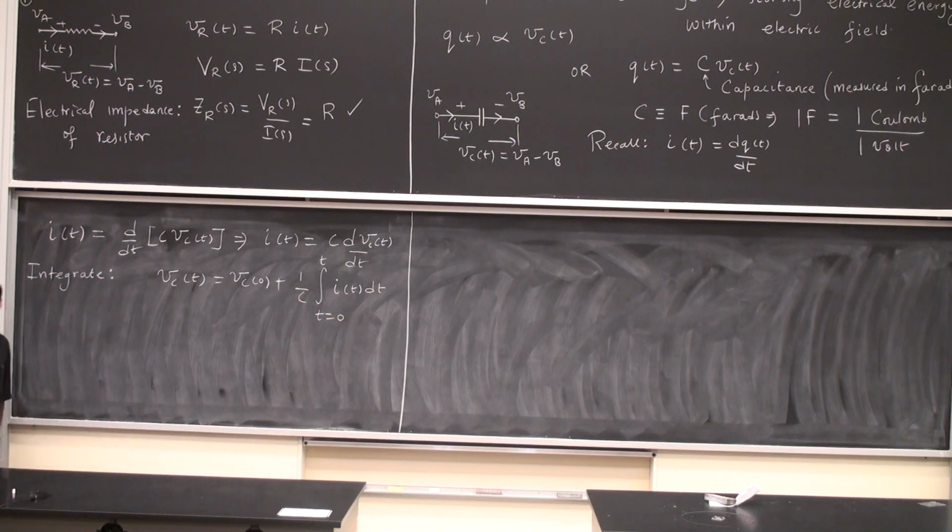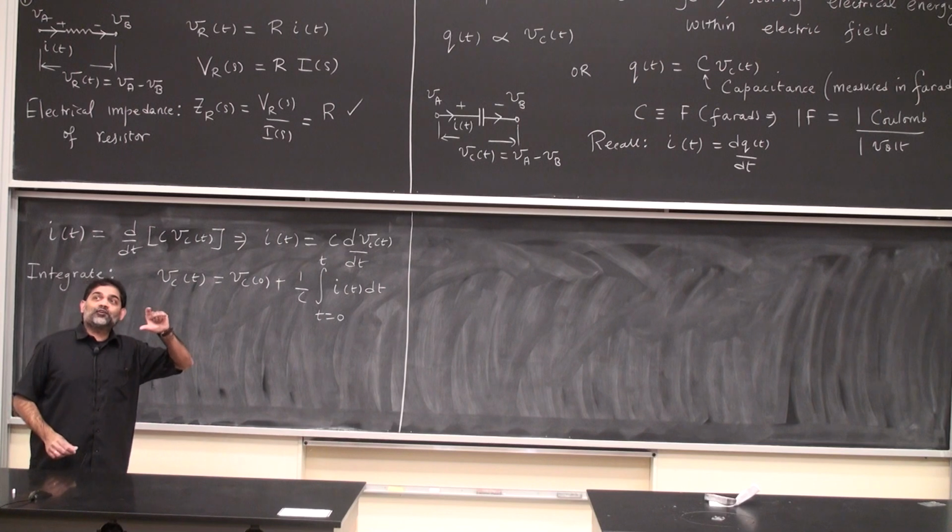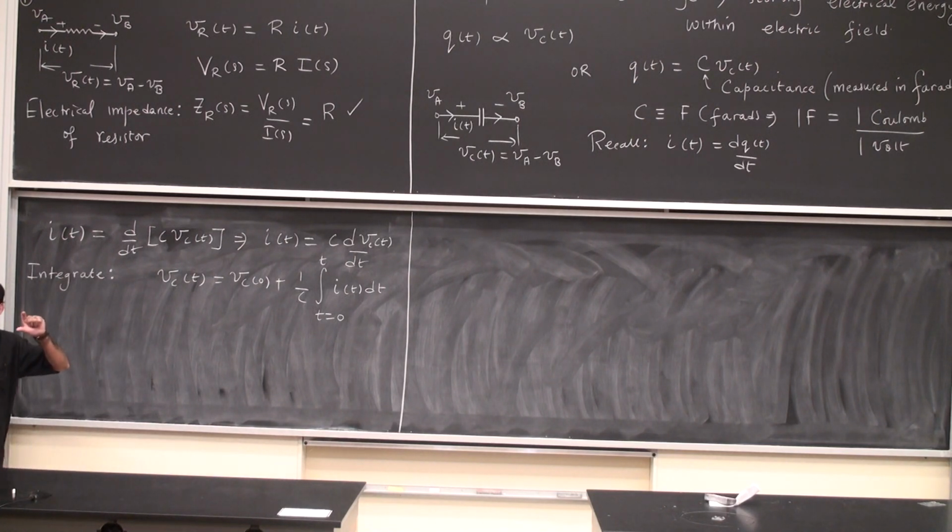I just perform the integration. Vc of 0 is always 0 for us because we start off with an empty capacitor. We don't look at the discharge of the capacitor, we look at the charging of the capacitor.